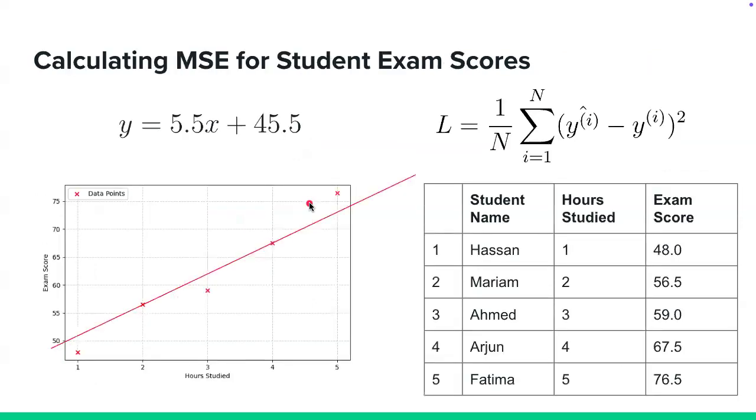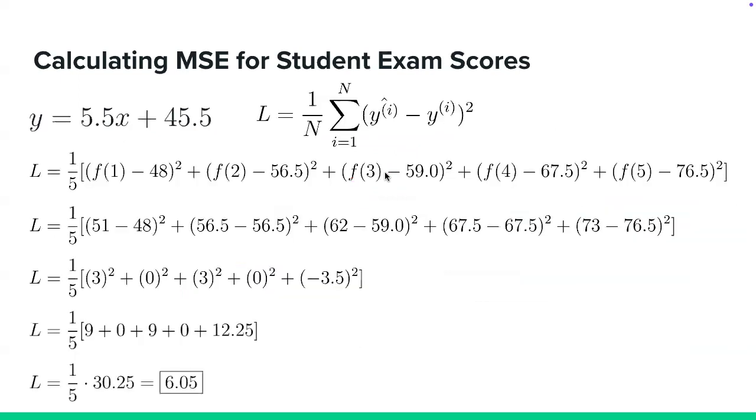Now let's take an actual example with numbers. We have the line that we found in the first lecture, y equals 5.5x plus 45.5, and we want to compute the loss for this line. So this is the math. First, we do the predicted value for Hassan. He studied for 1 hour, so we want to know his exam score.